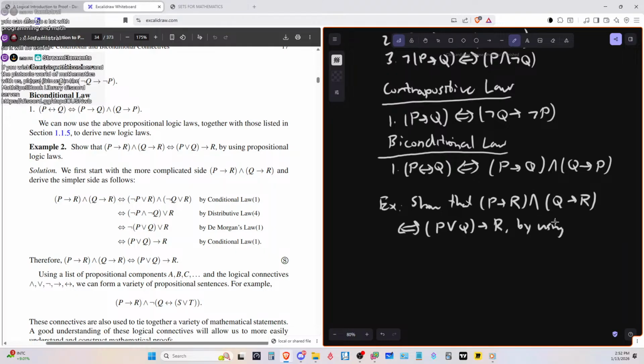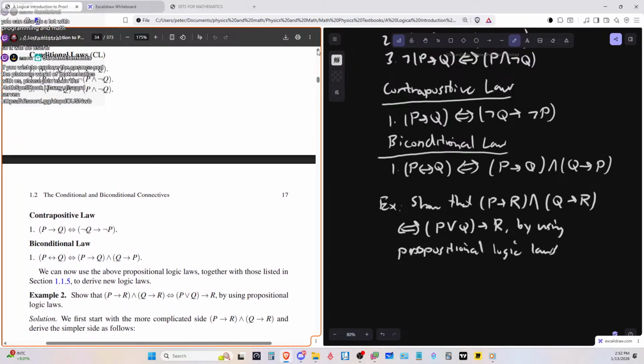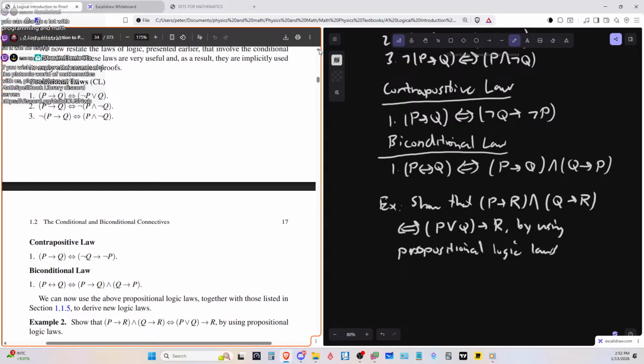Using propositional logic laws. Okay, so I'm going to raise this up a little bit because I don't want to peek at the solution.